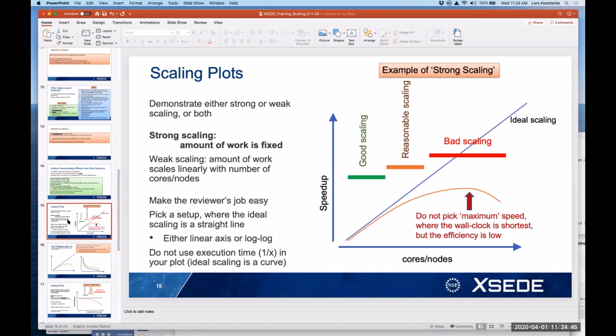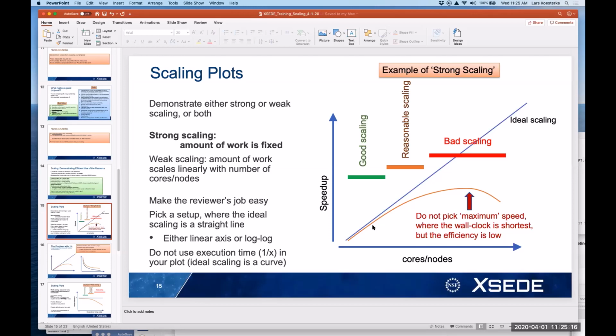And on the right side, the straight blue line, that is of course ideal scaling. You use twice as many cores, you get a speed up of 2, or your execution time decreases by a factor of 2. Now, your real world scaling is here the orange line, and of course, at some point, the scaling will be not so good. You will reach a maximum, and once you hit the maximum, your scaling will even decline because there's overhead and all these kinds of things.